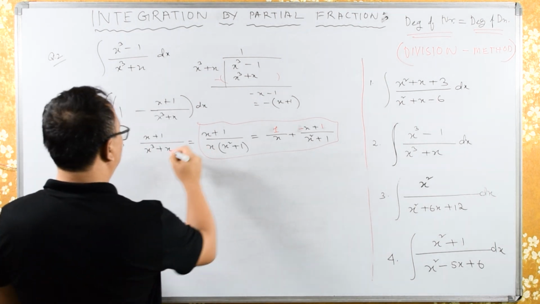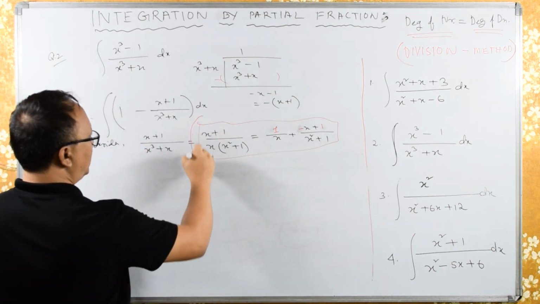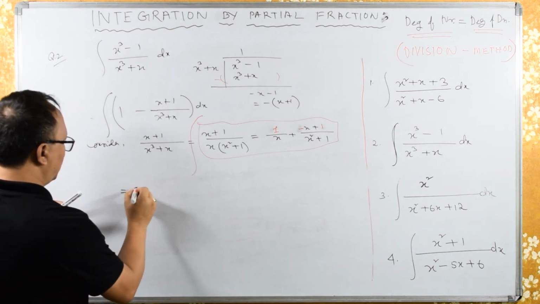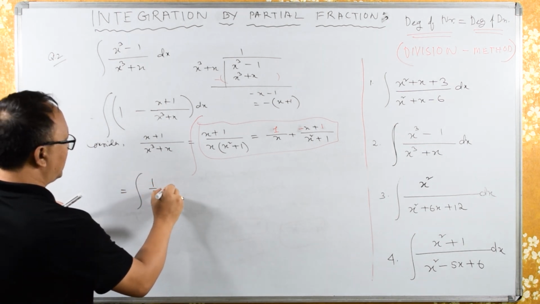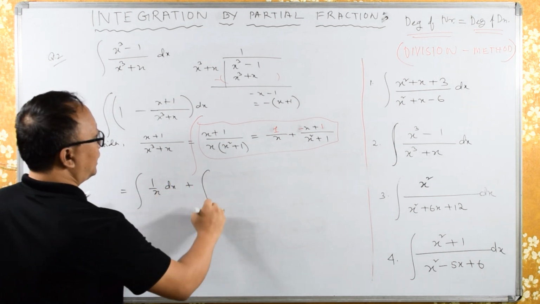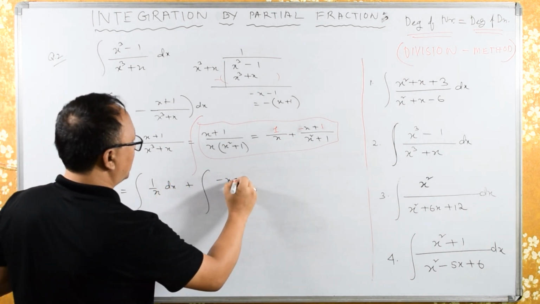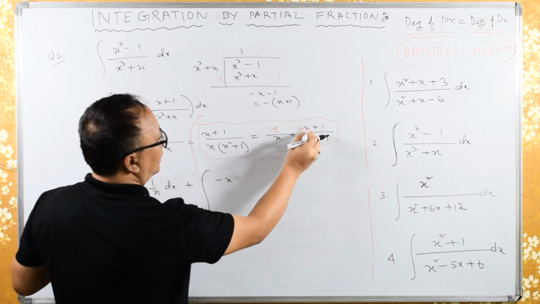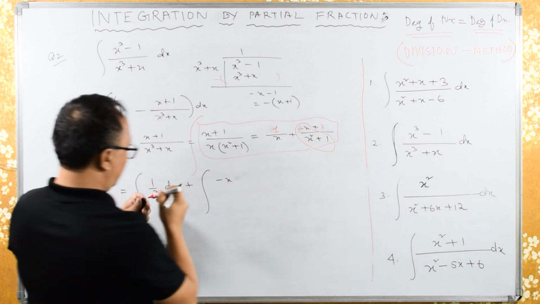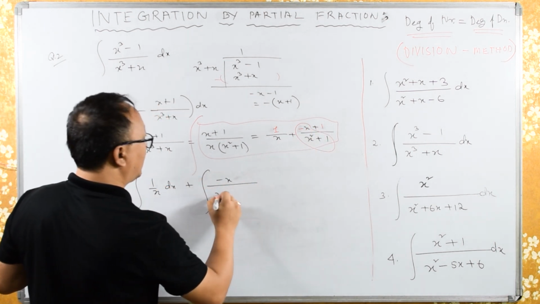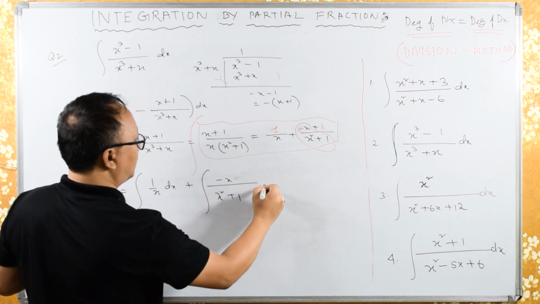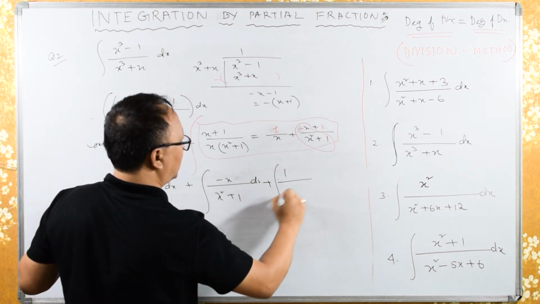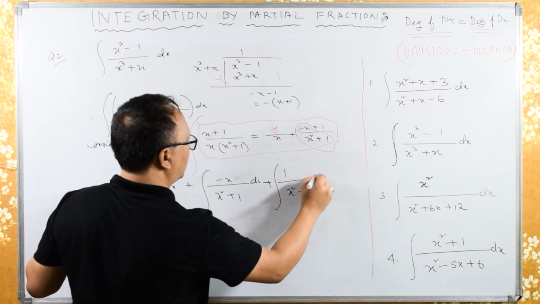Now the integration of this equals integral of 1 by x dx plus integral of minus x upon x square plus 1, where I can separate this, plus 1 upon x square plus 1 dx.